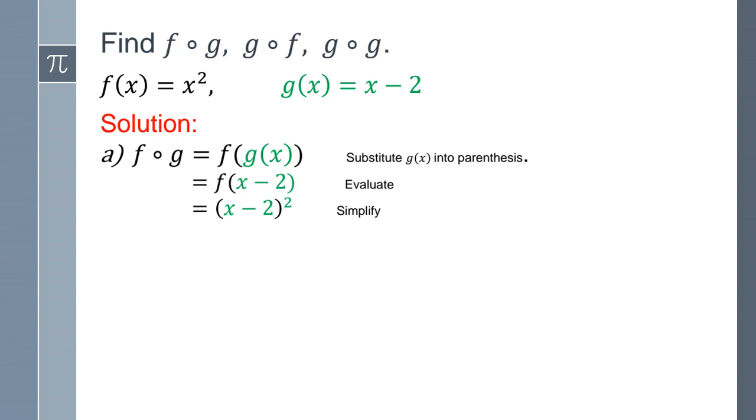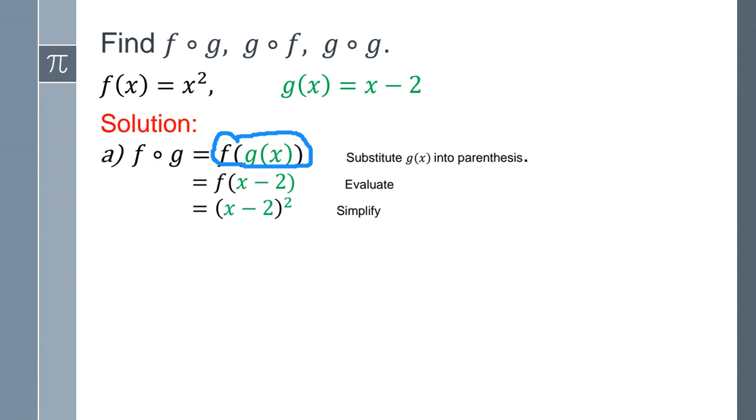So I'm going to apply the definition. This is my definition, in blue. Which means now I'm going to go to my f function, because that's on the outside. So I'm going to keep the f on the outside, and plug in x minus 2, because g of x is equal to x minus 2.